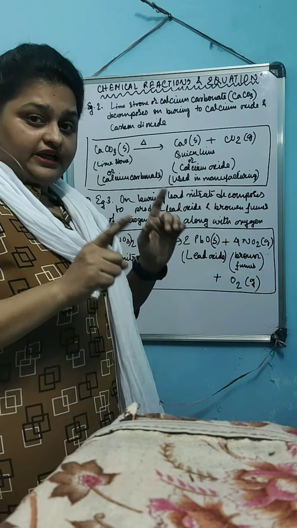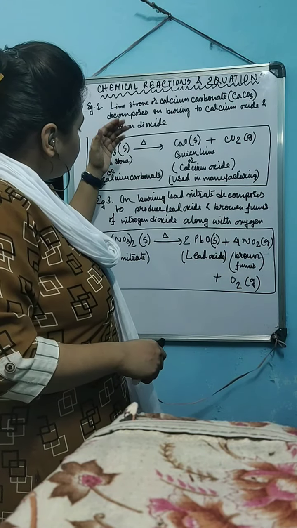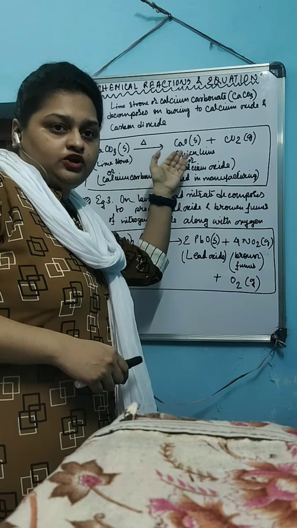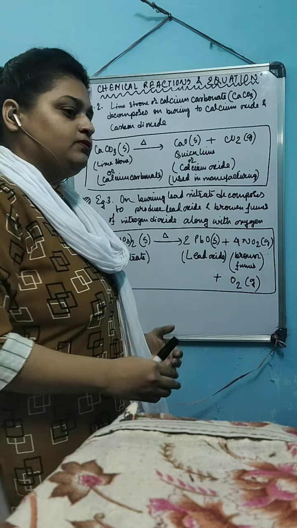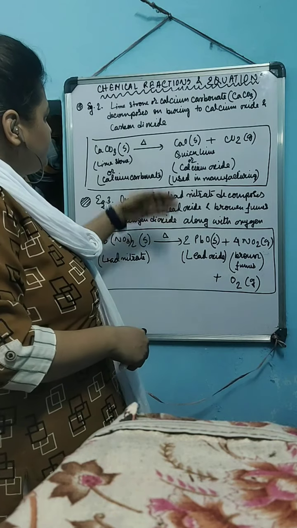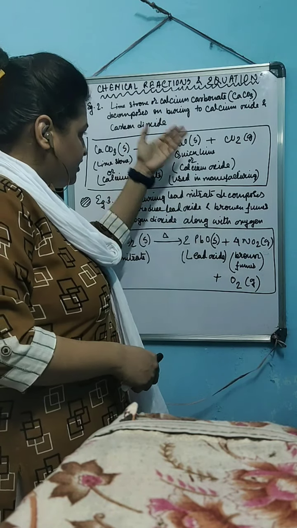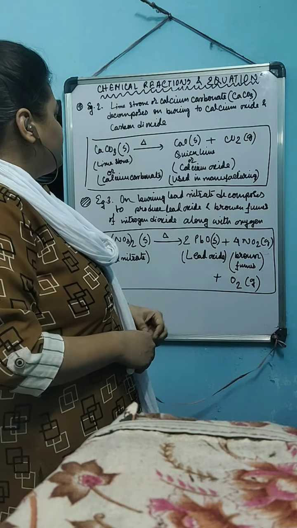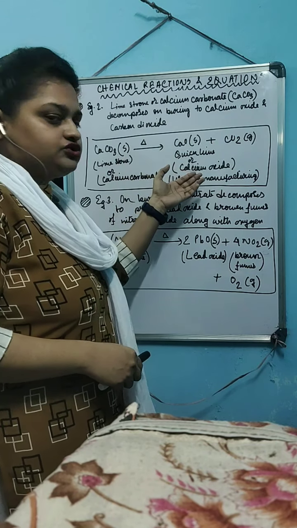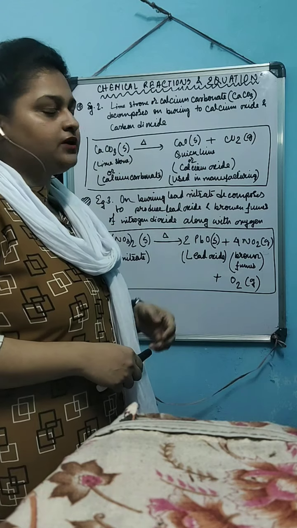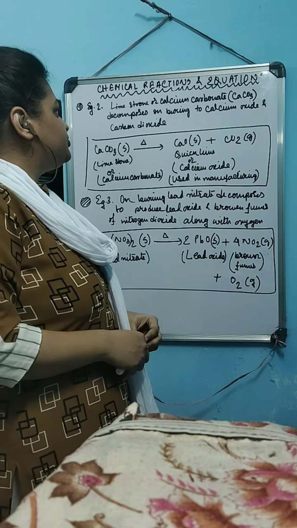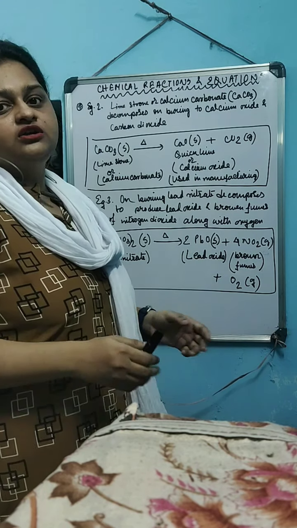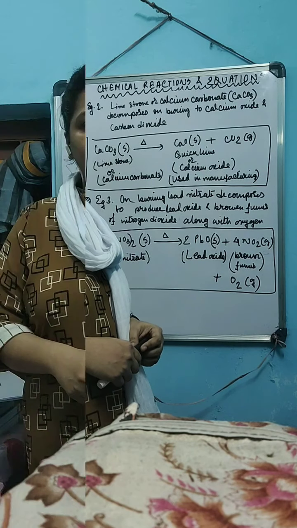What needs to be noted is that the energy given is in the form of heat energy. This kind of decomposition reaction, where heat energy is used for the decomposition of the initial compound, is termed thermal decomposition reaction. Now let's look at the next two examples.